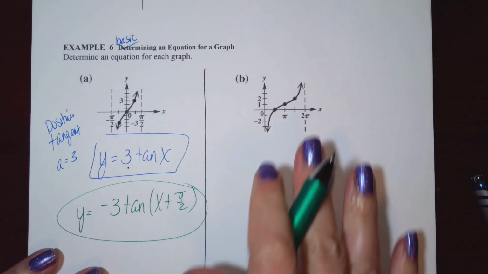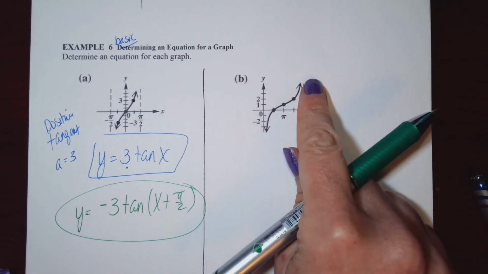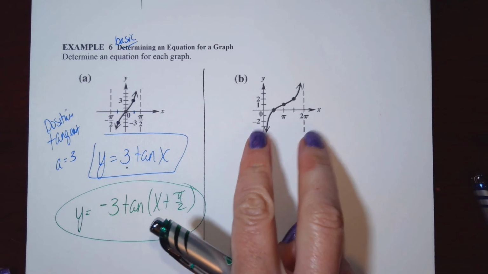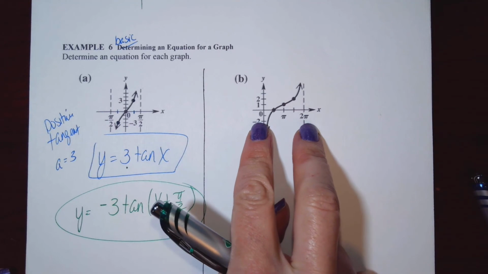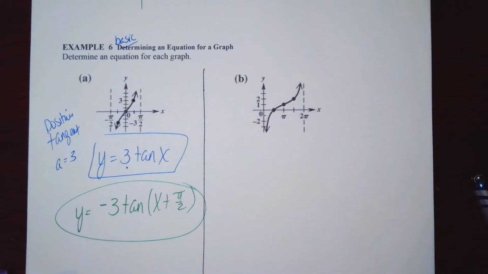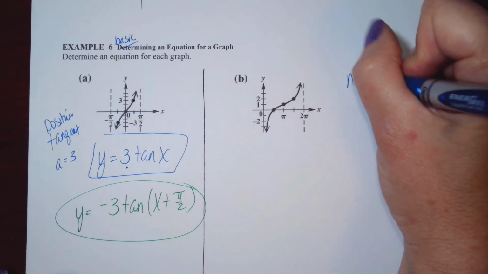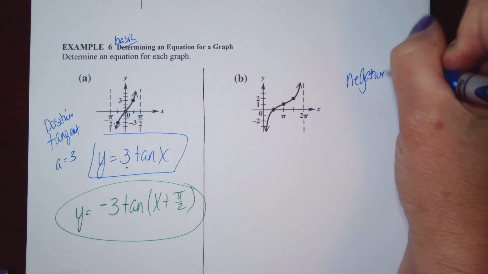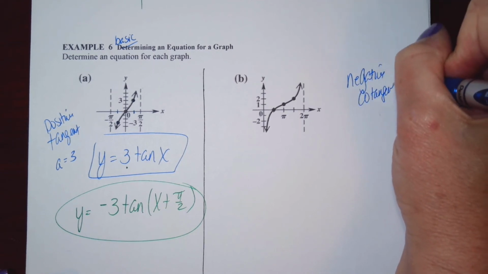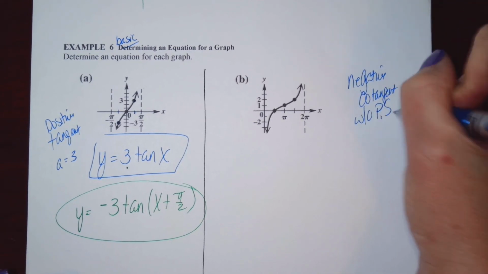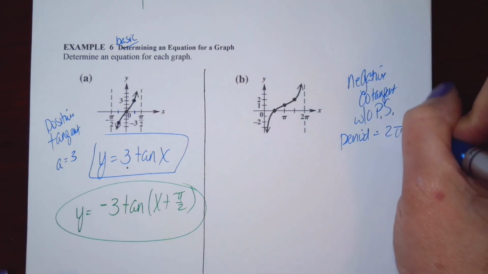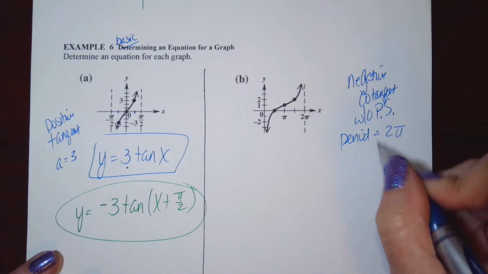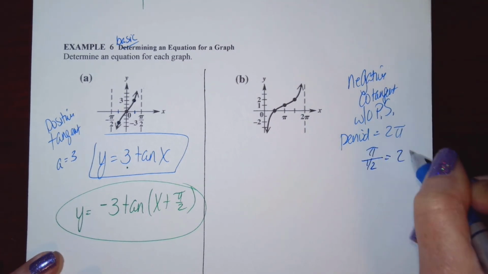All right, now let's look over here. This is increasing. It is not balanced on the y-axis. It's got vertical asymptotes at 0 and 2 pi. So if I don't want to consider a phase shift, I will make this cotangent, but it would need to be a negative cotangent, without a phase shift. But the period here is 2 pi, not pi, which means I started with pi over 1/2 to get that 2 pi.